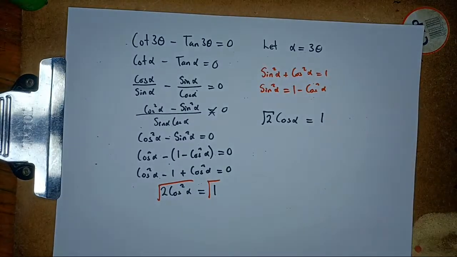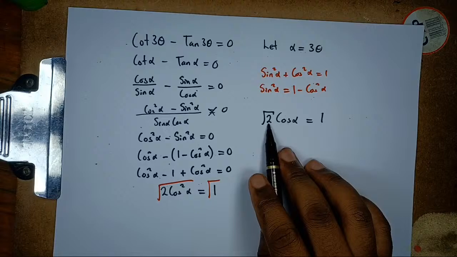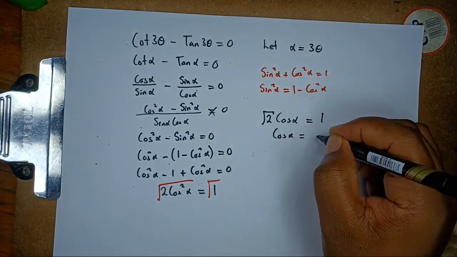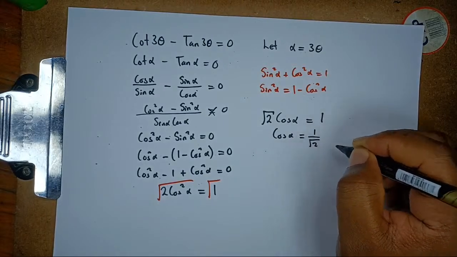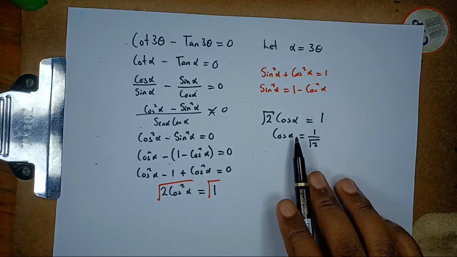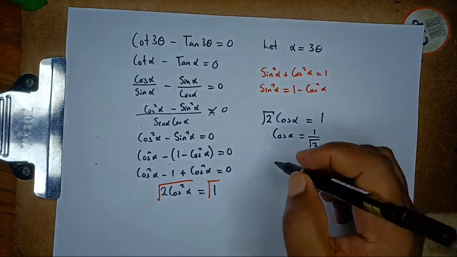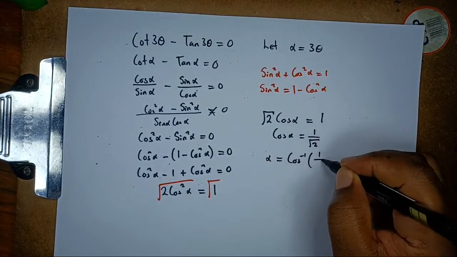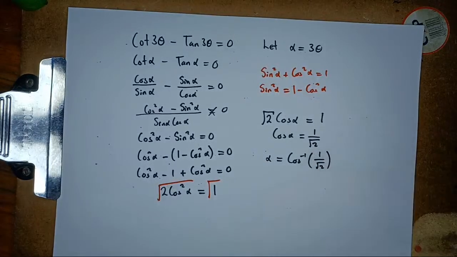It's just 1. Now remember, we are looking for the value of theta. So let's divide both sides by root 2. So cos alpha is equal to 1 over the root of 2. So what's the value of alpha in this case? We're going to say alpha will be equal to the cos inverse of 1 over root 2. Like that. So what's the cos inverse of 1 over root 2? Let's see.